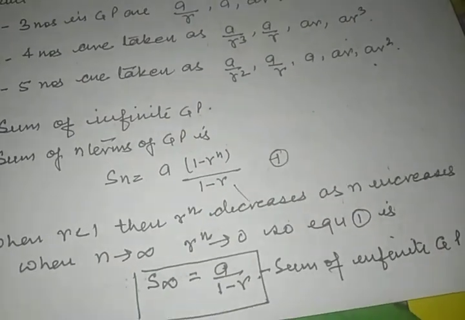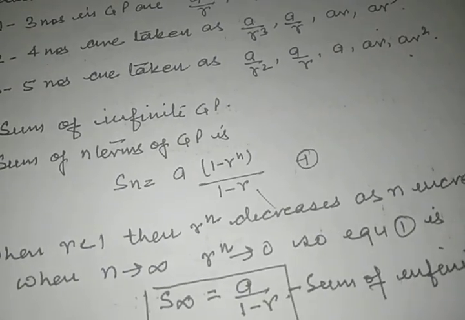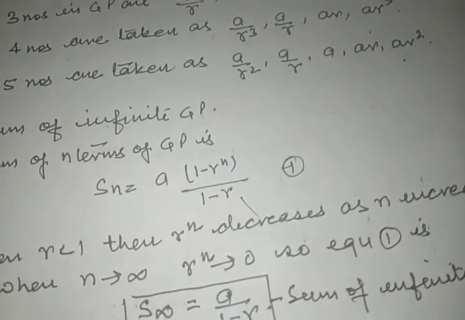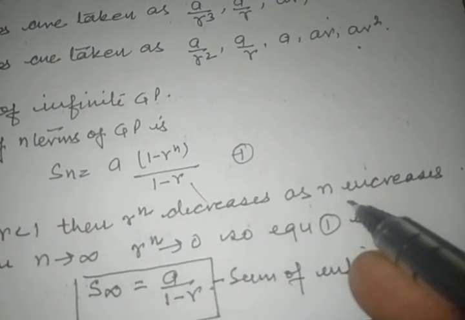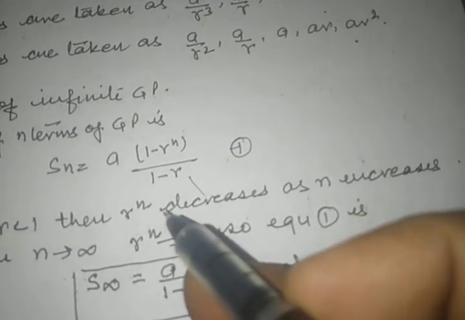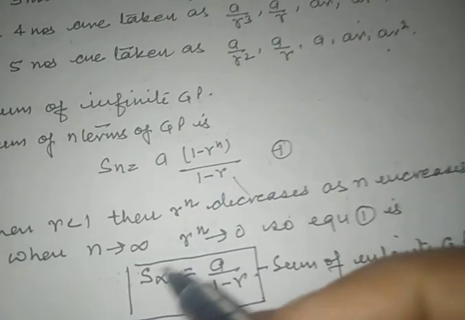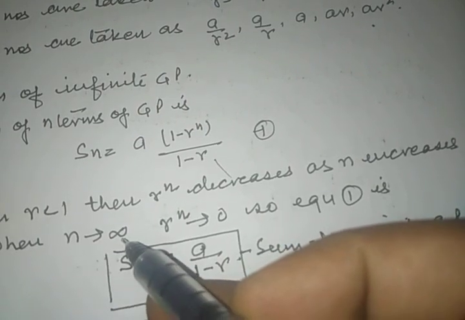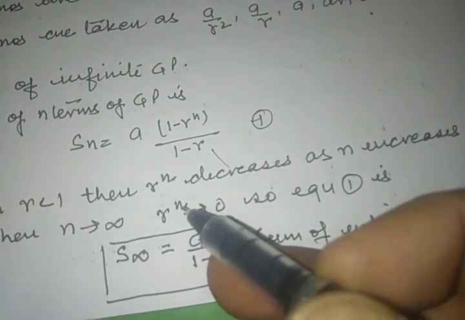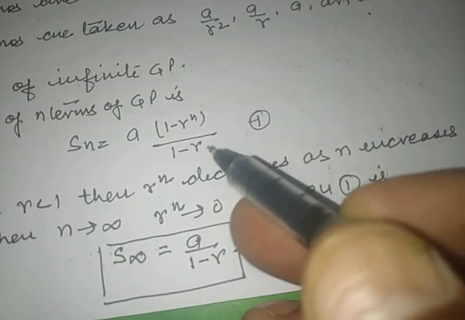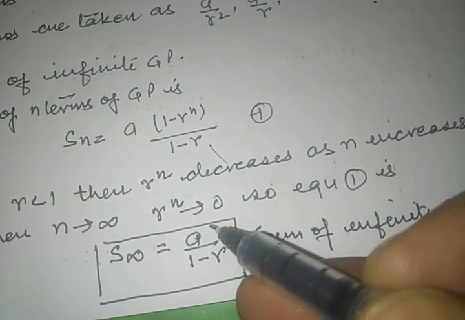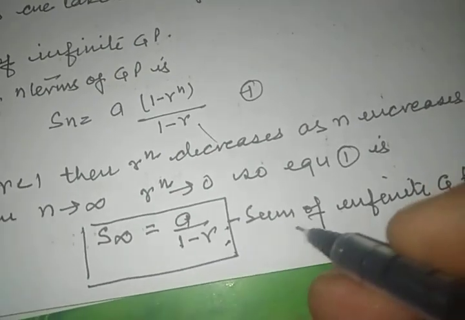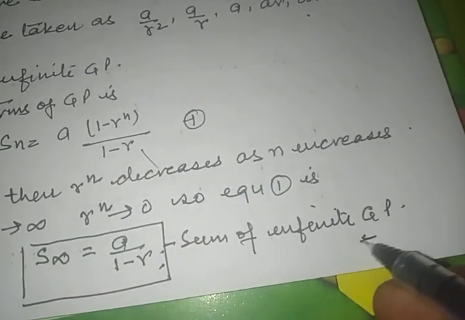As you go on increasing n, the denominator will increase and the whole fraction will decrease. So when n tends to infinity, r^n tends to 0. So from equation 1 we have S infinity equal to a upon (1 minus r). This is the sum of an infinite GP.